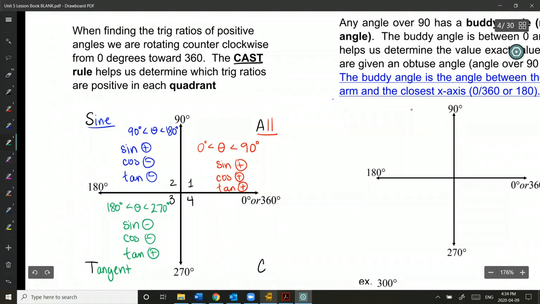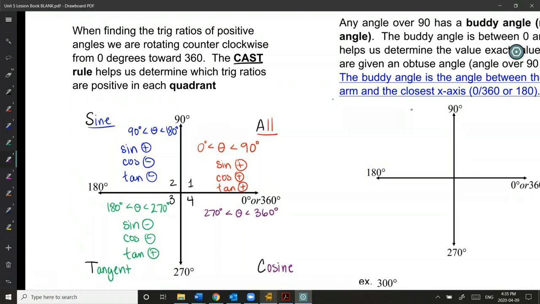So if we look at the results that we got from the second and third quadrants here, sine was positive in the sine quadrant, but cosine and tan were negative. And then in the third quadrant, tan was positive in its own quadrant, and sine and cosine were negative. So I think we can make a guess on what's going to happen in this last quadrant. This is the cosine quadrant, and this is for angles between 270 and 360.